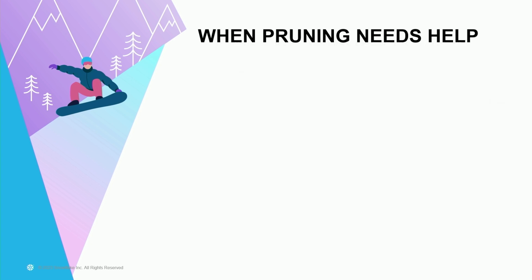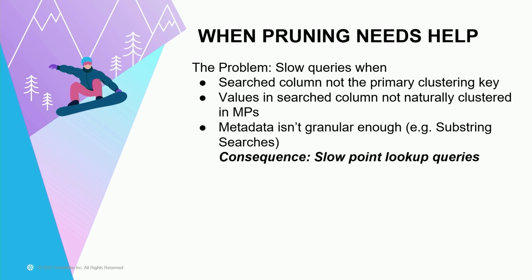But there are cases in which pruning can do even better. For example, let's say the data that you're ingesting or the columns that you frequently query are not naturally ordered, or you're not using clustering to order that data in that column. In such cases, there could be slow-running point lookup queries.